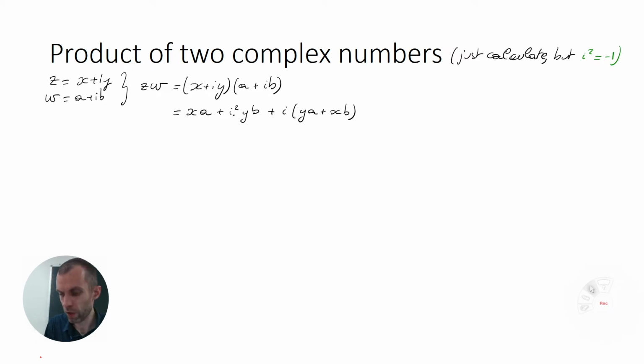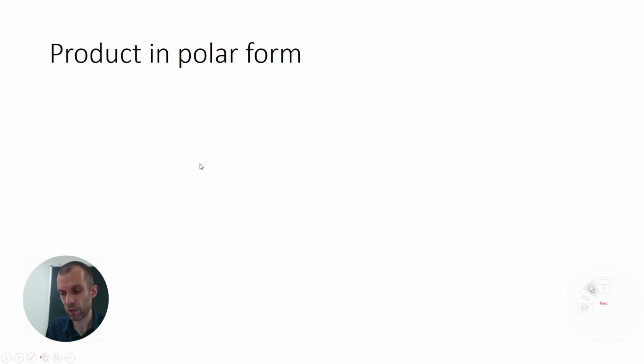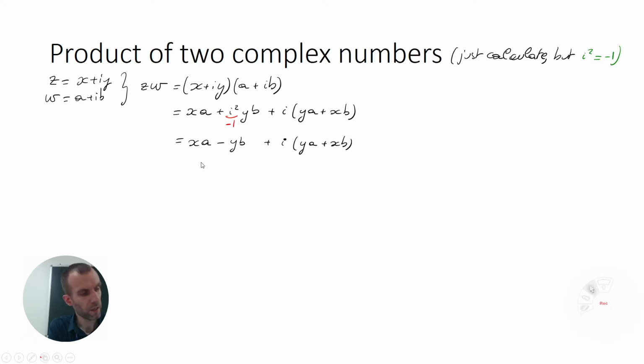And the only thing here to remember is that i squared is -1, so we can write that also as xa minus yb plus i times ya plus xb. I don't remember this rule, I just calculate, and if necessary I write out what everything is in coordinates.